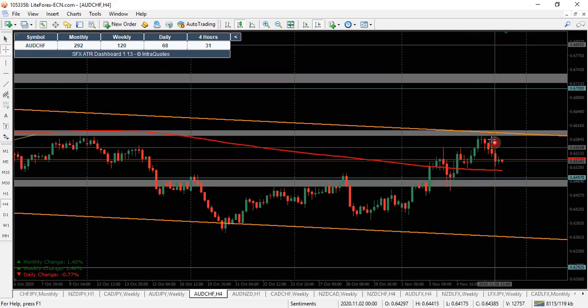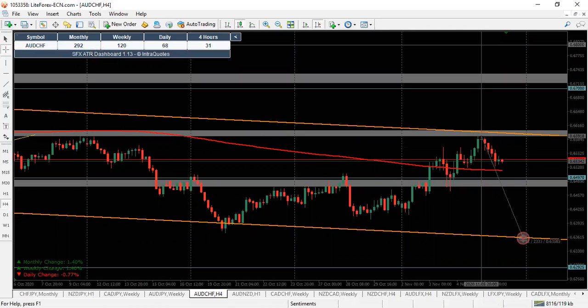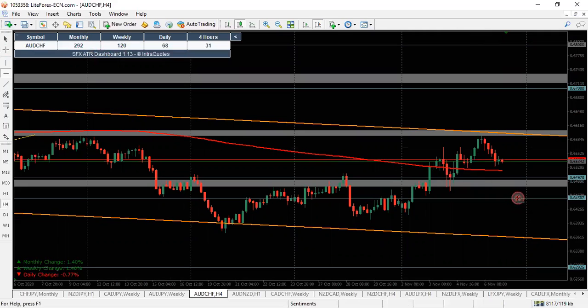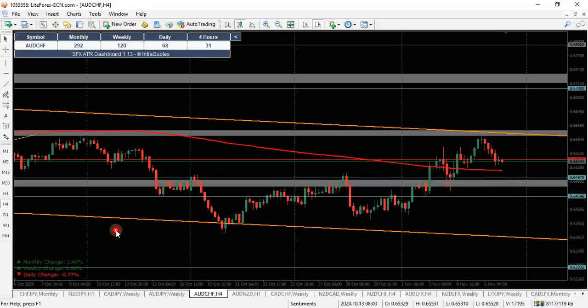So I'm going to short from here 120 to the downside, and around here 120 should be running. You see that 120, so 0.646. That should be your optimum target area.